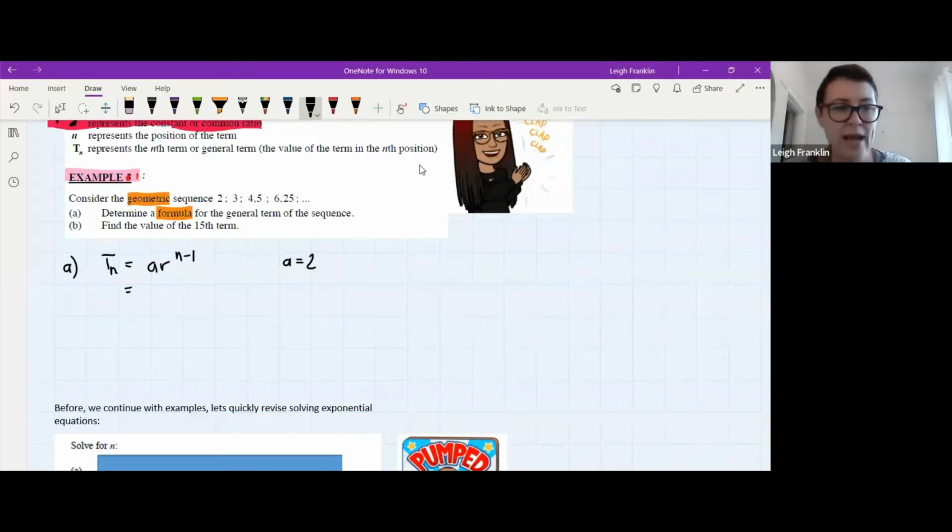Excellent. Now we need to work out the value of R. Remember, we either need to say term 4 divided by term 3, or term 3 divided by term 2, or term 2 divided by term 1. So Caitlin, what do you get for R?